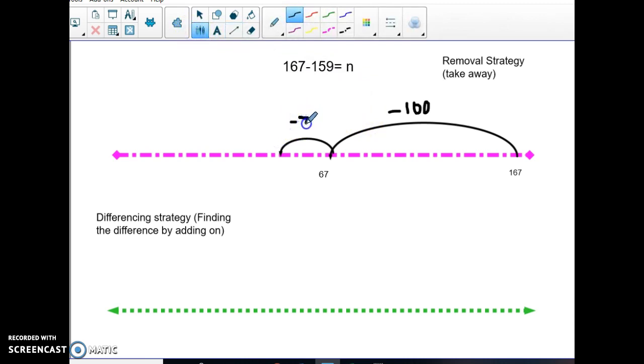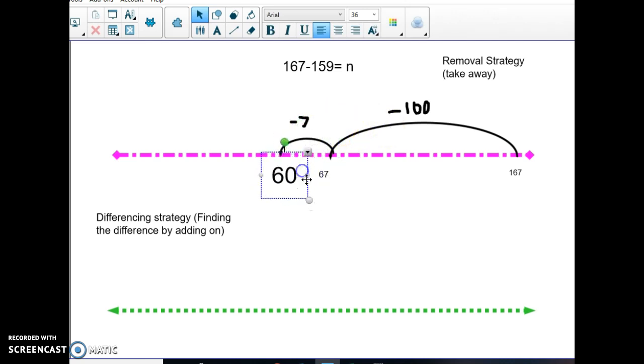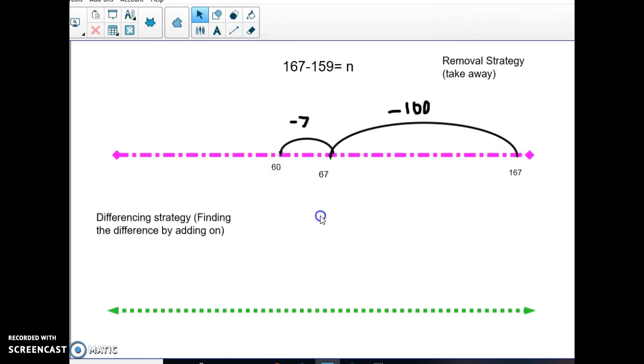And I know if I remove or subtract 7 from 67, that's going to give me 60. And again, I'm going to move this to its proper place and make it smaller. So now I'm at 60, but I've only removed 107, which means I still have a ways to go.